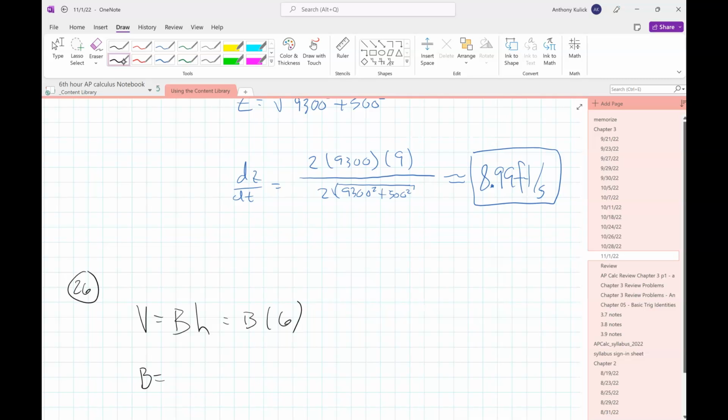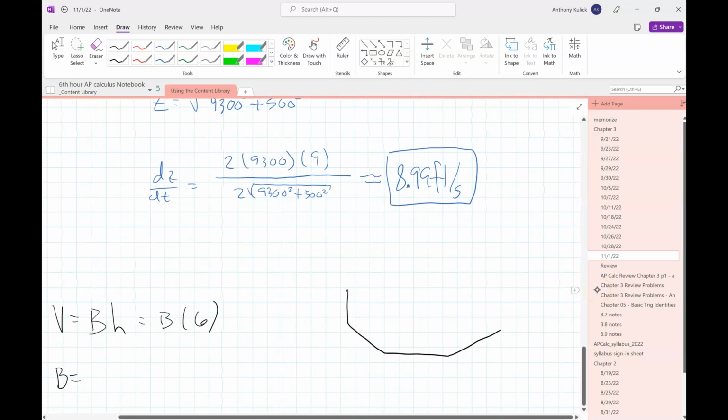You guys agree with that? When you look at the cross section, I didn't want to draw it. There's a little flat there, I guess, like that or something.